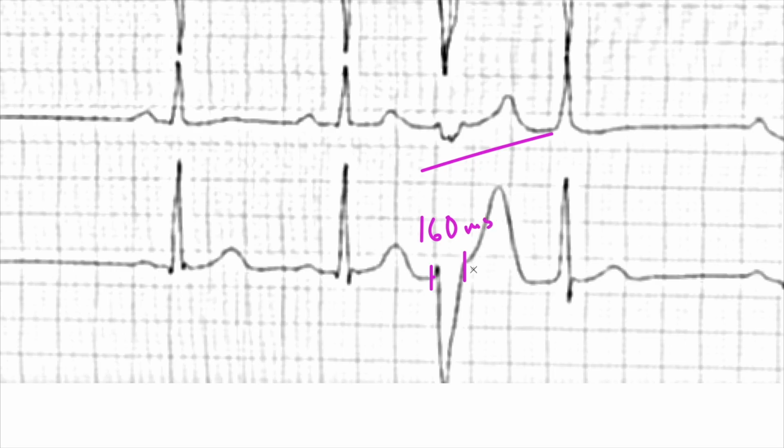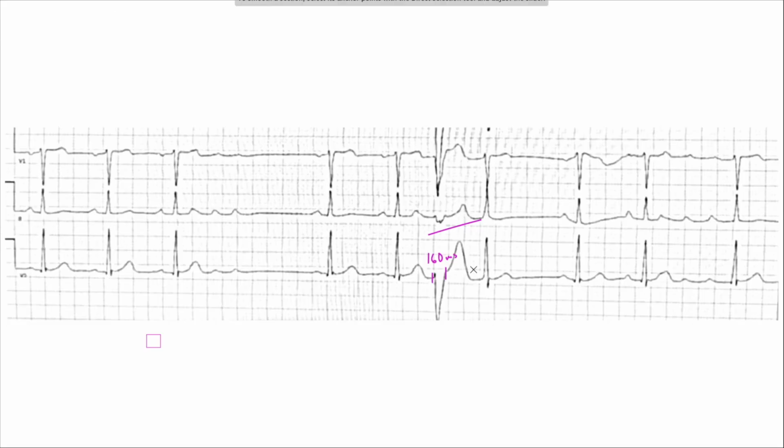So this is a PVC. Still, this beat afterwards remains a mystery, right? We'll see when we get to a 12 lead if we can figure out what that is.